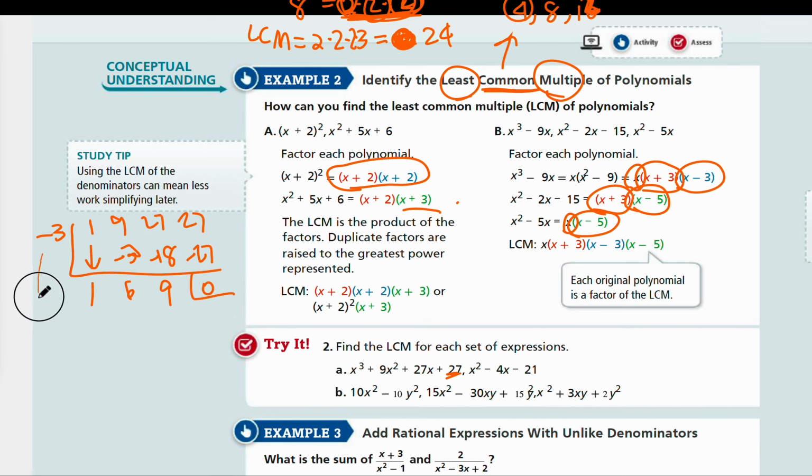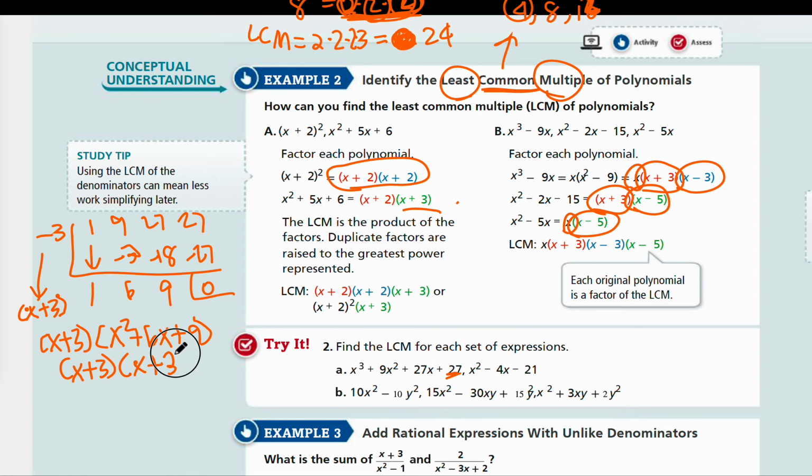So you know that x plus 3 is one of your factors. So factor it out. You have x plus 3 times x squared plus 6x plus 9. And then you can factor the second polynomial out again. You have x plus 3 squared. And so you have really x plus 3 cubed for this polynomial.